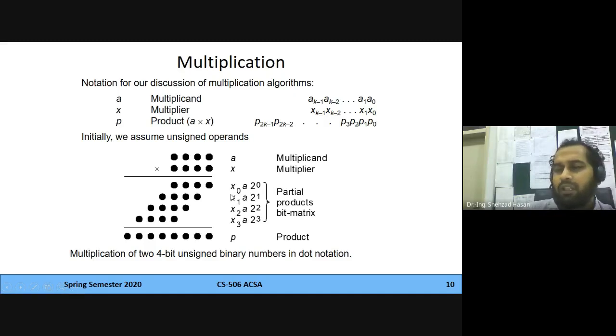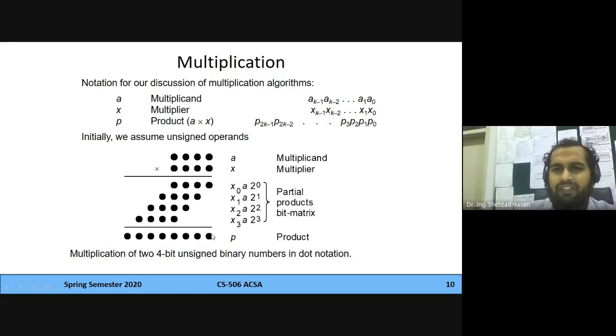We are talking about individual bits now, x0, x1, x2 and x3, and the power of that bit is basically shown here as shifted. So we get different partial products. If there are 4 bits, you get 4 partial products, and in the end you need an addition operation. You add 4 numbers, and then you get the result. So this is simple multiplication.